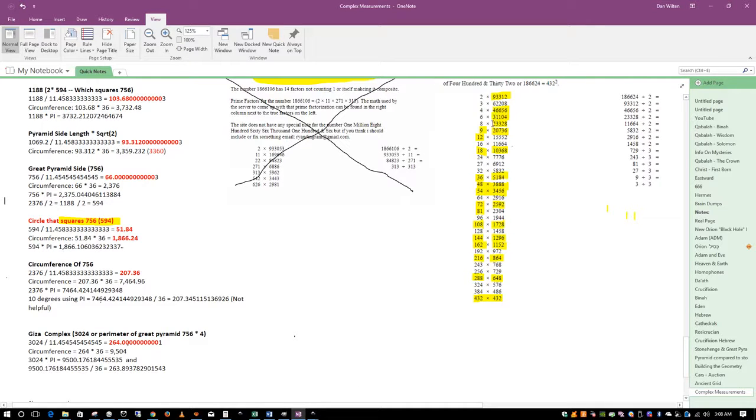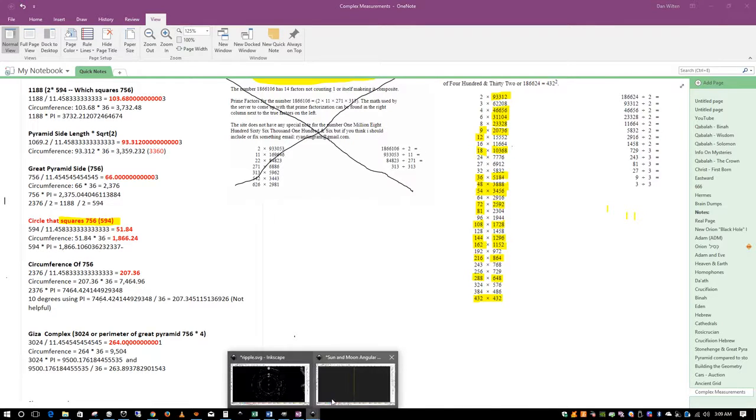This number right here, 23328. All right, so if I take 2160 and I multiply that times 108, I get 233280.